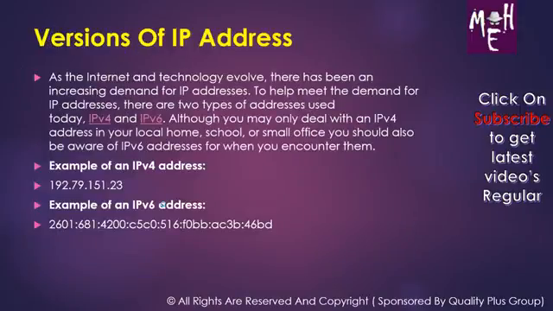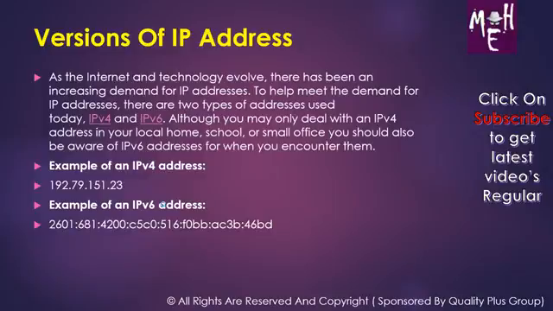And we will talk about the versions of IP address. Friends, according to the demand and according to the need, two kinds of IP addresses are used: IPv4 and IPv6. That is, Internet Protocol version 4 and Internet Protocol version 6. Before I explain this, we need to understand why we need IPv6.